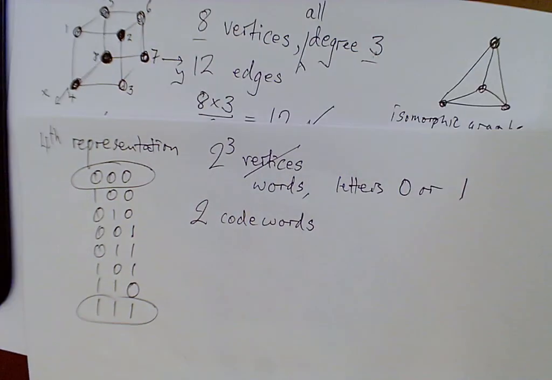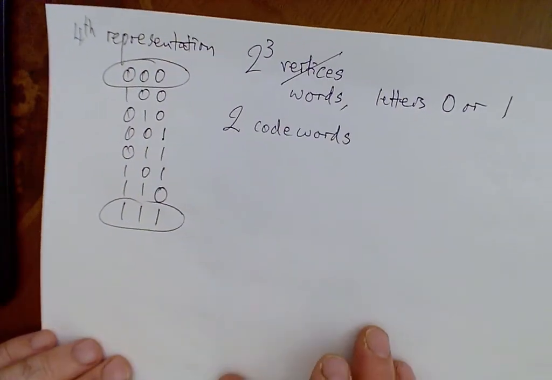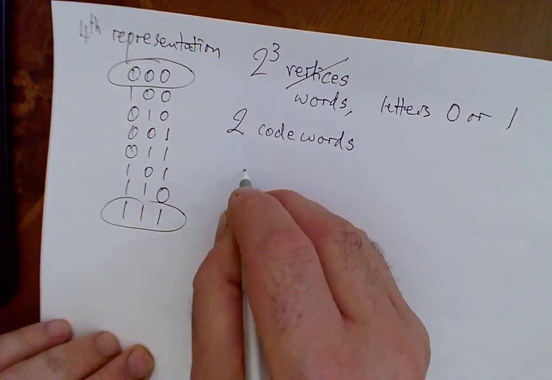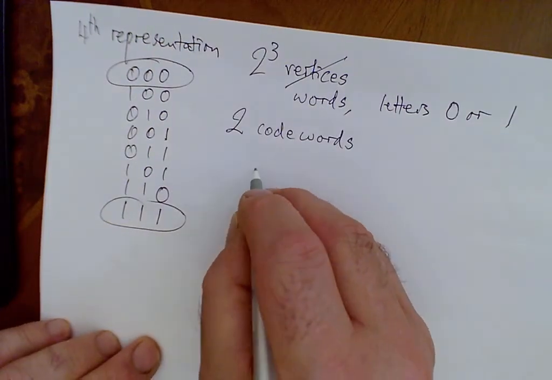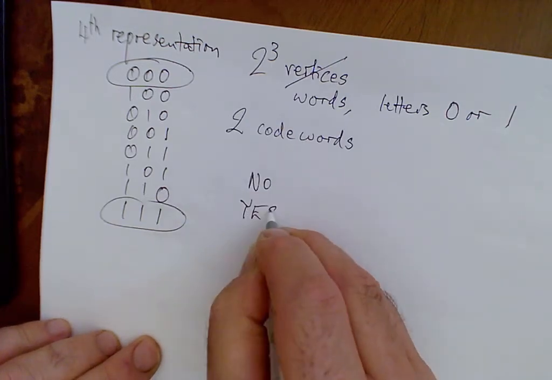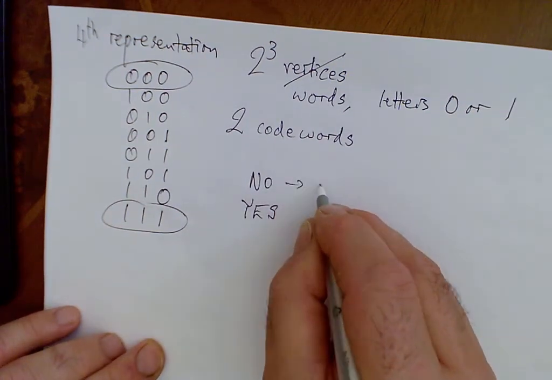So supposing I want to transmit a message with just 1 character. So supposing I want to transmit one of 2 messages. So either no or yes. And if I want to transmit no, that corresponds to sending 0 electronically.